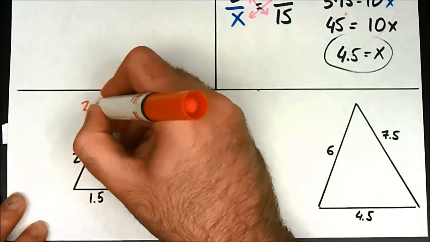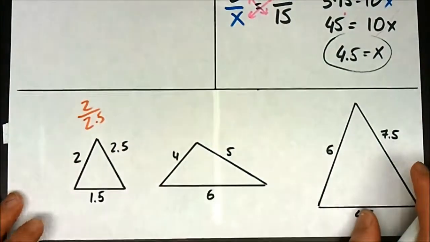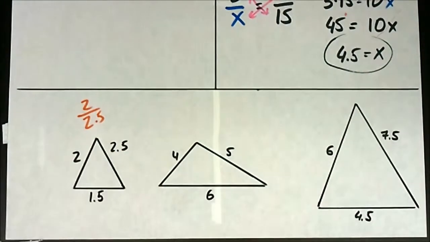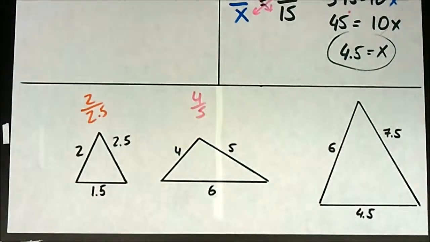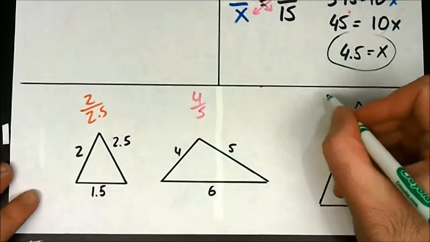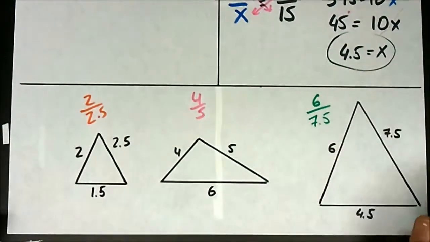If you take the top measurements and put them all in ratios, I've said this before: 2 over 2.5. I'm just taking the top two sides again. Any two sides will work as long as you pick the same ones. Then 4 over 5, and then 6 over 7.5. Now these all look different.